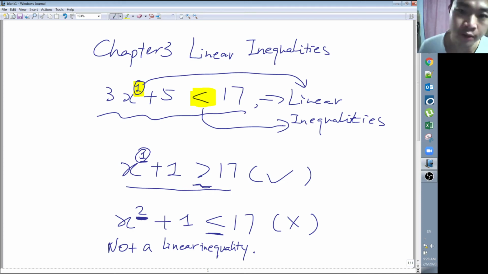I hope with these 3 examples you can identify what is a linear inequality and what is not a linear inequality.